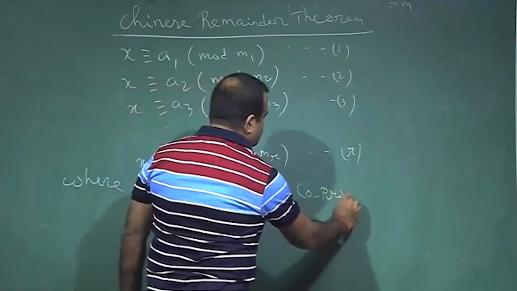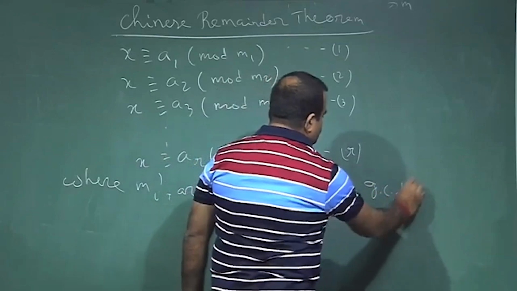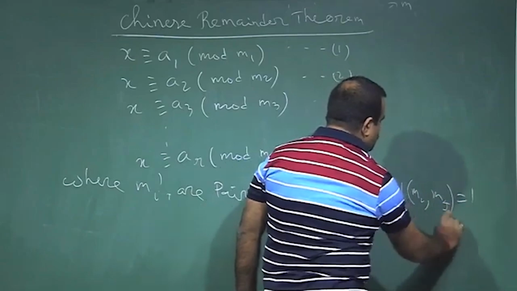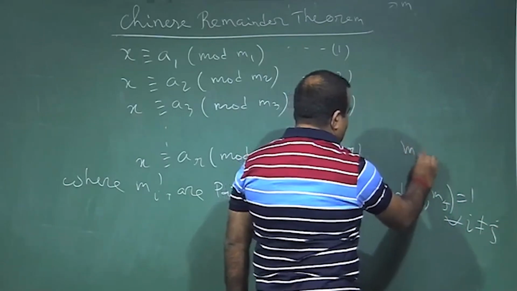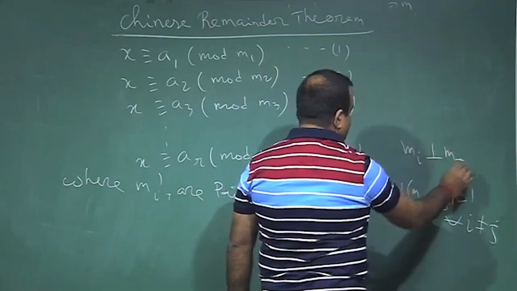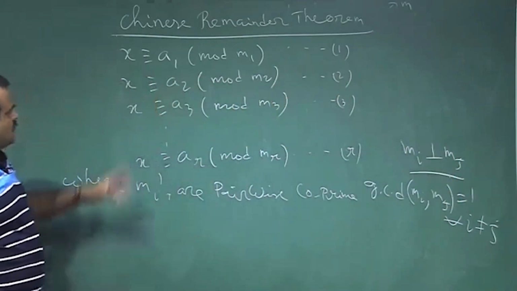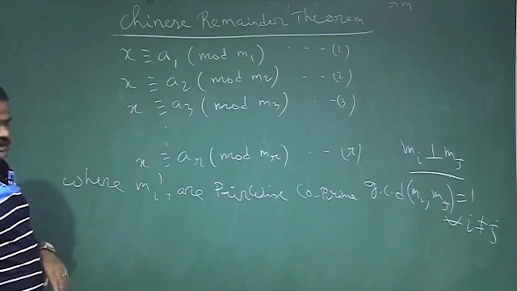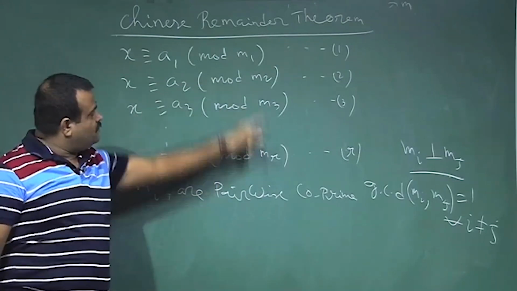So that means GCD of mi and mj is 1 for all i not equal to j. That condition must be there for this system to have a solution. Not only a solution, it will have a unique solution under mod of this product.